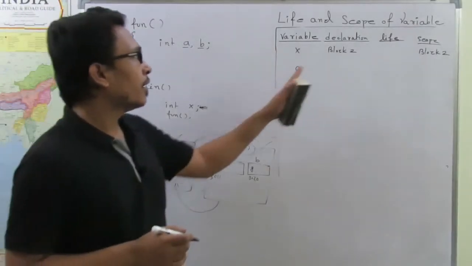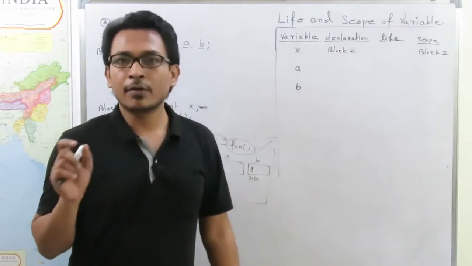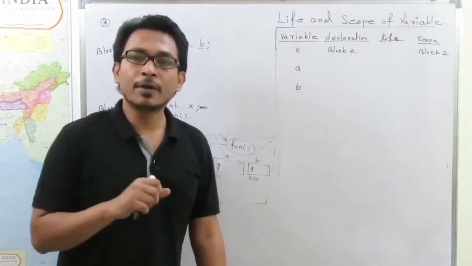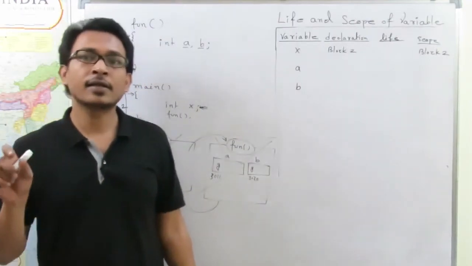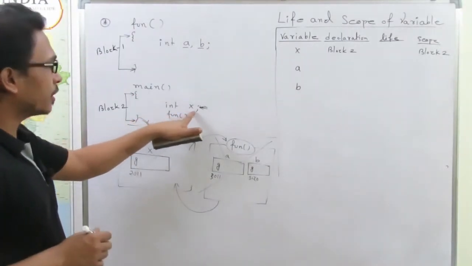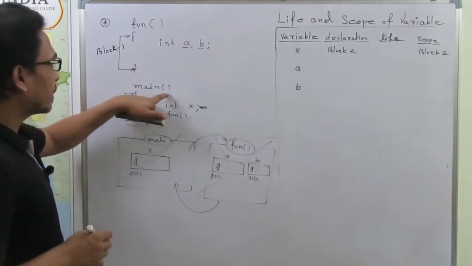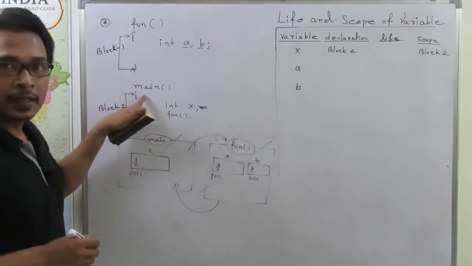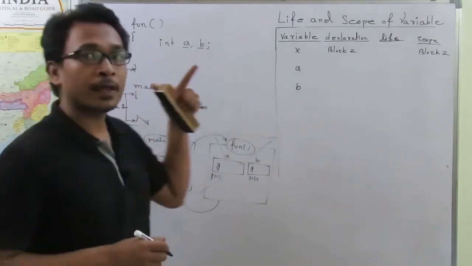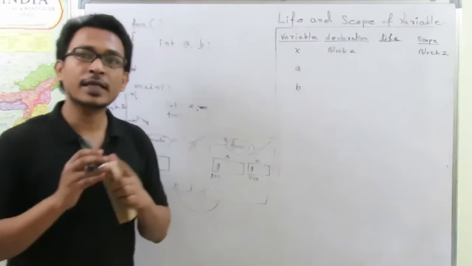Now coming to the life of this particular variable. Life means how long the memory block will exist in digital memory. So how long will the memory allocated for this variable x exist in memory? Until the completion of this main function. That means until the execution of block 2 is completed.